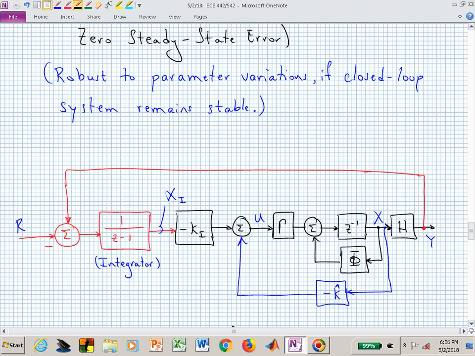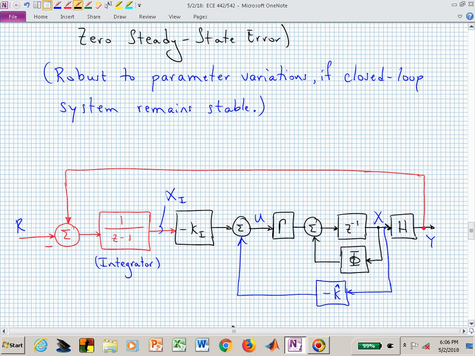The z to the minus 1 block is actually a bank of z to the minus 1 blocks in general. It depends on the dimension of phi. But if you know now you wanted an integrator, you could say, oh, I can build an integrator in a block diagram. That's just 1 over z minus 1. And I'm going to gain that up with a gain parameter k sub I. And what do I feed into that integrator?